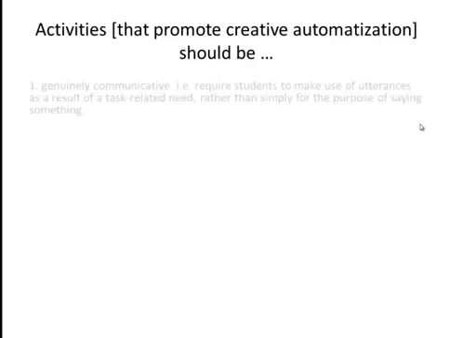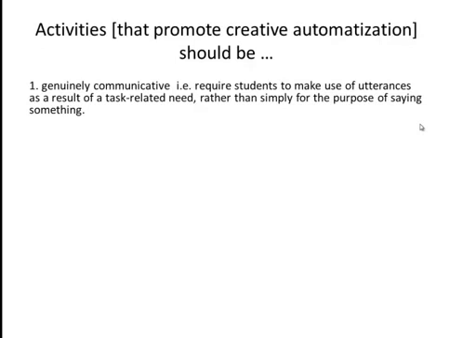So what this paper suggests, and what Thornbury reminds us, is that the kind of activities that promote a more creative automatisation should be genuinely communicative. So we want an activity that's going to actually communicate some meaning, so it's going to be task related.